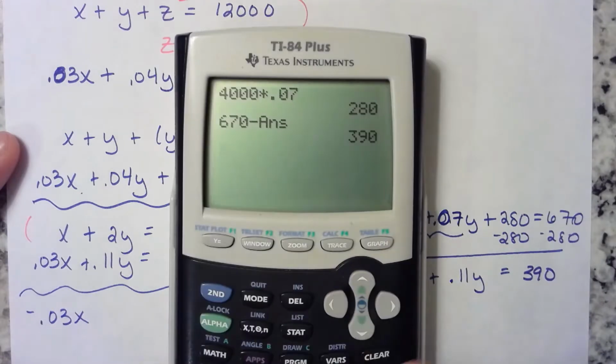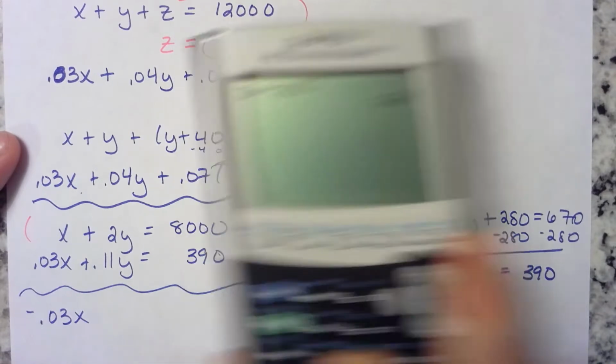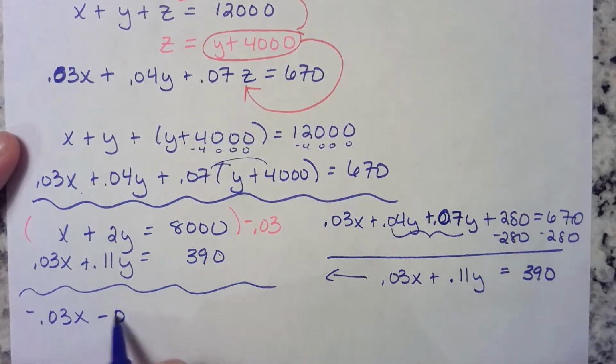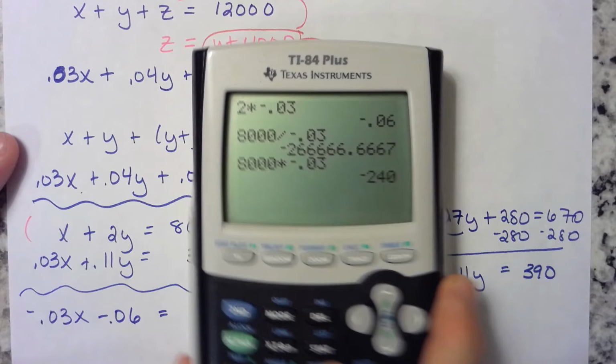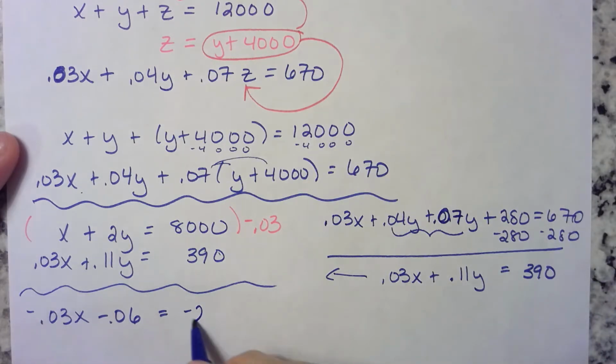Multiply all these by 0.03. So we have negative 0.03x. If you do 2 times negative 0.03, you have negative 0.06. And then 8,000 times negative 0.03 is negative 240. This one gets to stay the same.